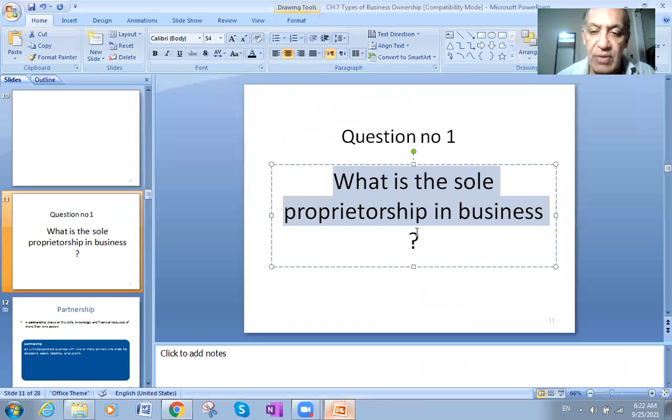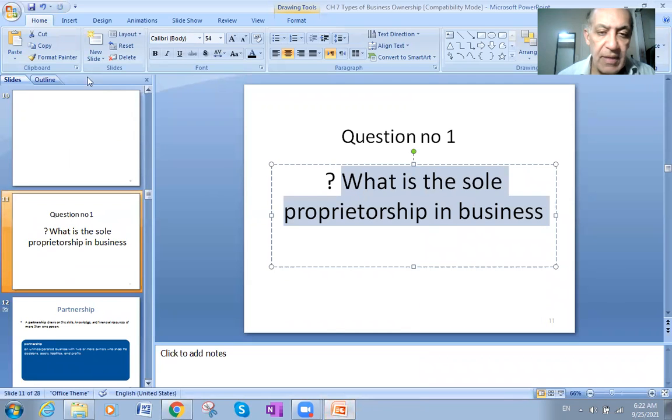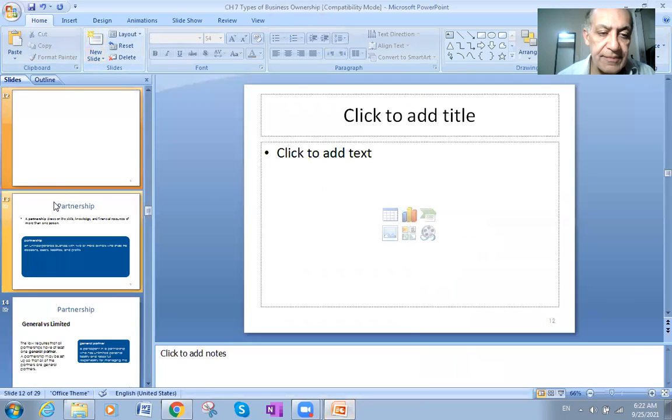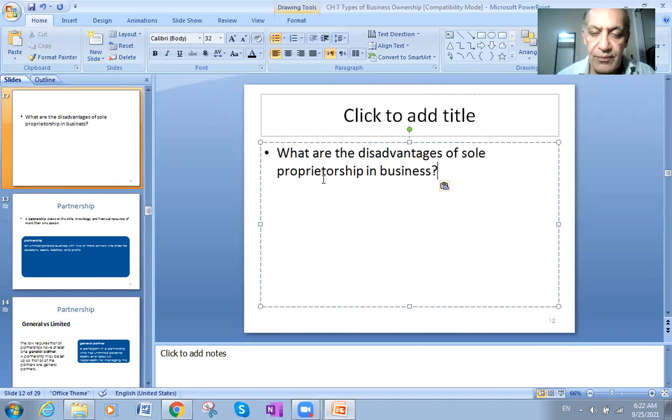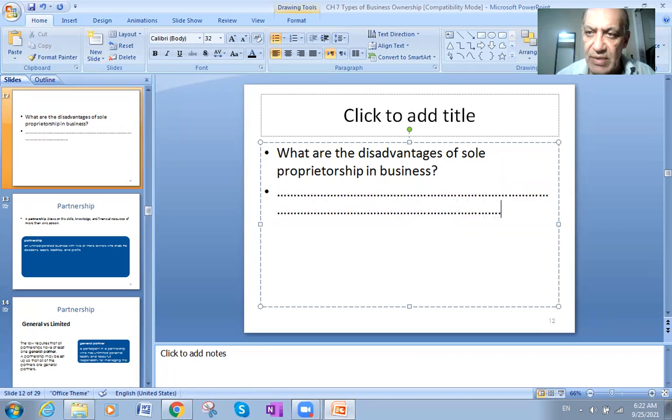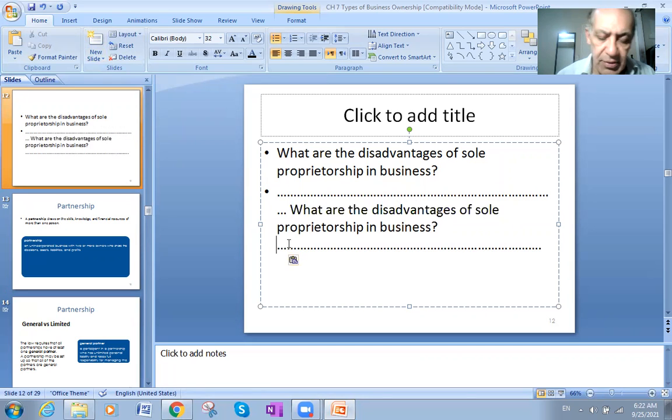And here also I will put those 2 questions as well. New slide. Control V. Then here also we'll put not dots, that means to write the disadvantages. If you don't have D2L, you can write your answer here and here also.